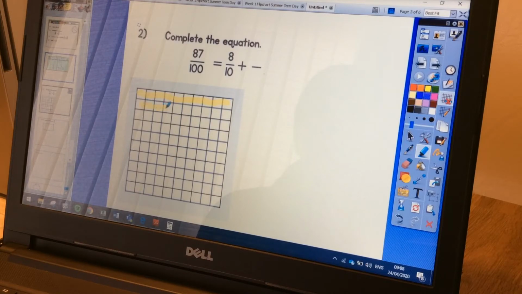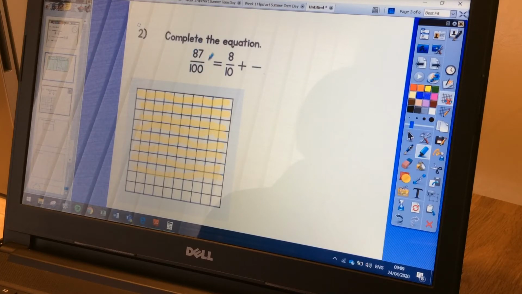So if I've got 8 tenths, which is what I have got as one of my fractions, we've got 1 tenth, 2 tenths, 3 tenths, 4 tenths, 5 tenths, 6 tenths, 7 tenths, 8 tenths, okay? If I've got 8 tenths represented here, it means I've also got 80 hundredths. 10, 20, 30, 40, 50, 60, 70, 80 hundredths.